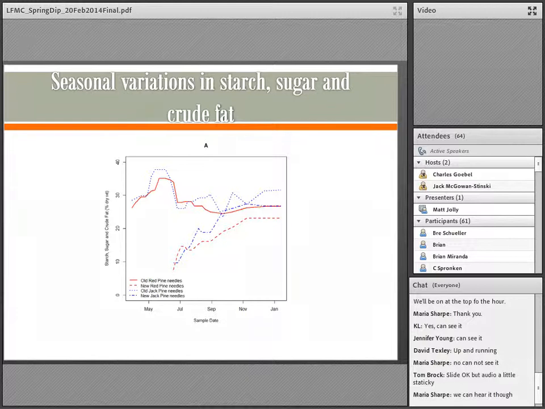And essentially, we see this curve track nearly perfectly with the previous curves. So we can see that the drivers of that density change are basically starch, sugar, and crude fat changes, over seasonal changes in starch, sugar, and crude fat.